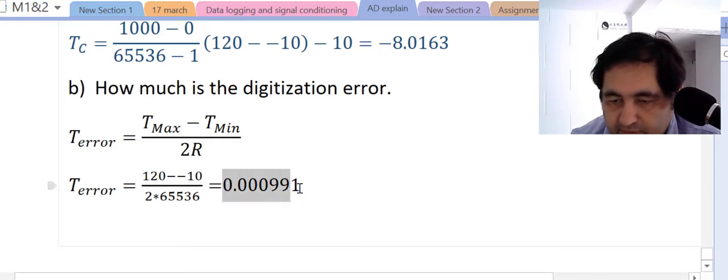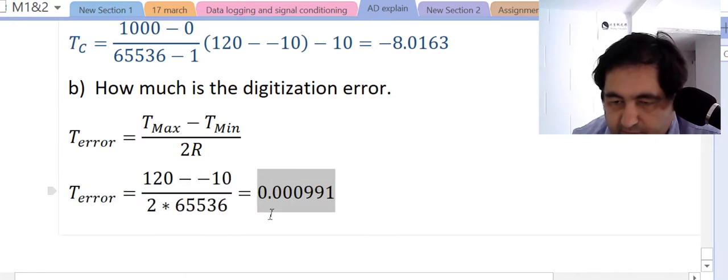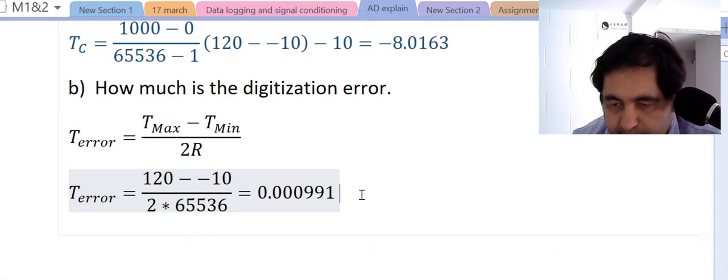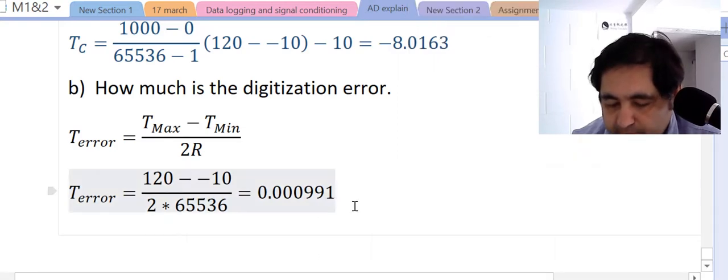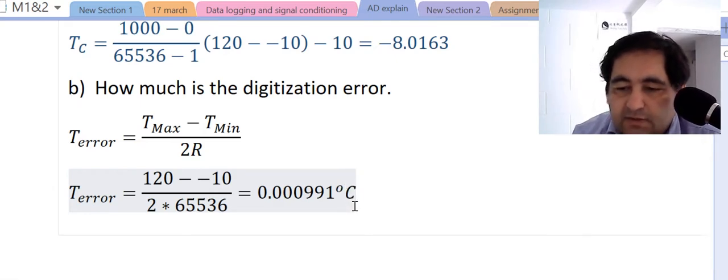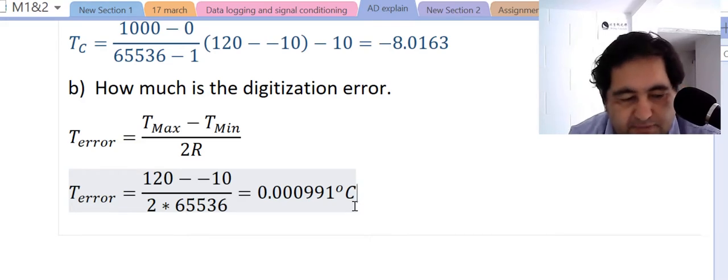It is in degrees Centigrade. So the error is pretty low.